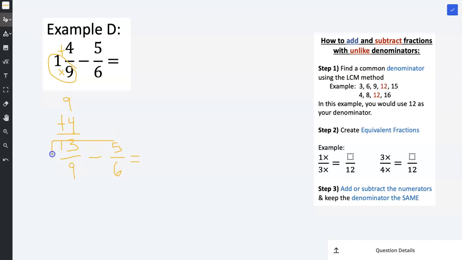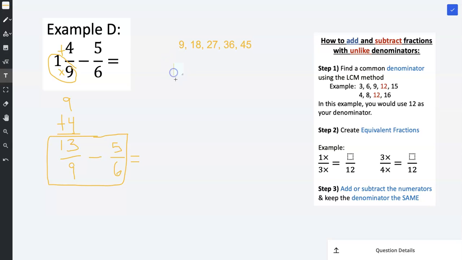Now the problem becomes that these are not the same size pieces. So I need to figure out the denominator that I can use. I need to find the least common multiple, or the least common denominator. So I'm going to record my 9s. 9 times 2 is 18, 9 times 3 is 27, 9 times 4 is 36, 9 times 5 is 45.